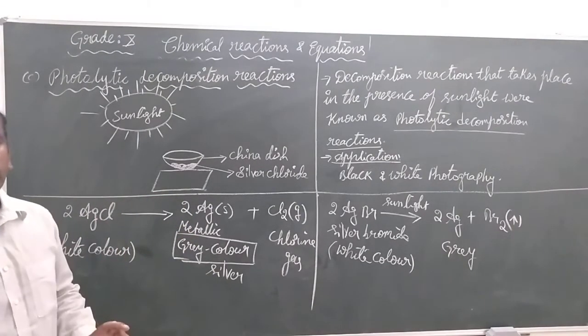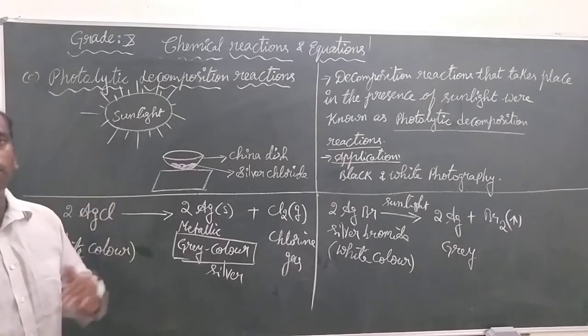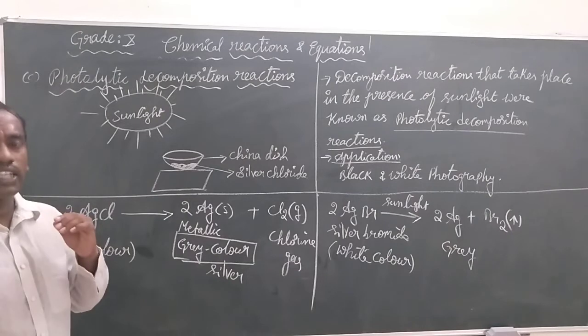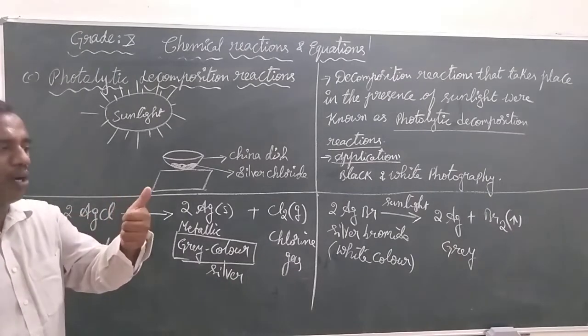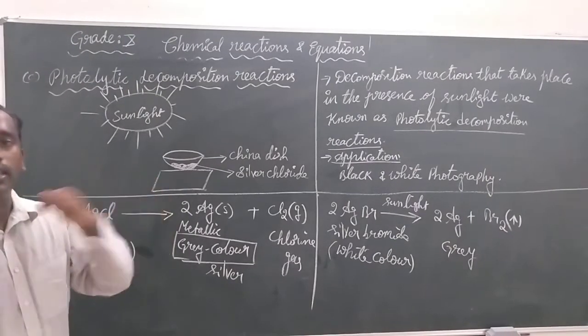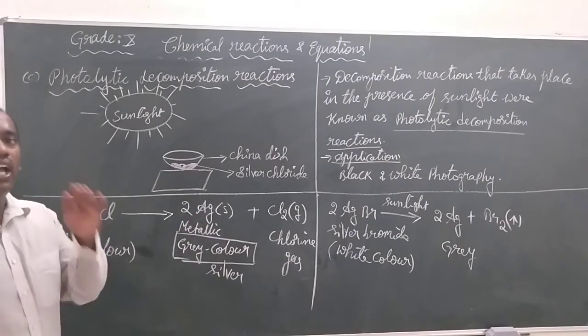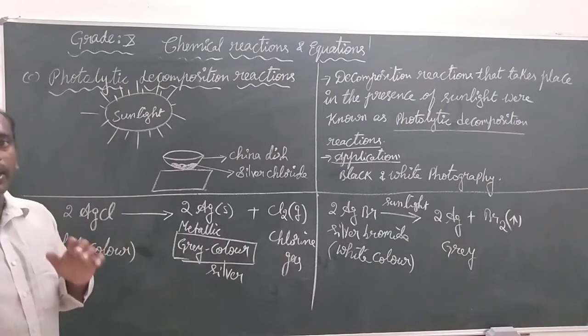Up to now we have discussed only the 3 kinds of decomposition reactions. So under the types of chemical reactions, we have discussed the combination reaction, we have discussed the decomposition reaction. Let us go for the third one, the displacement reactions.